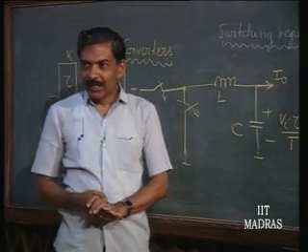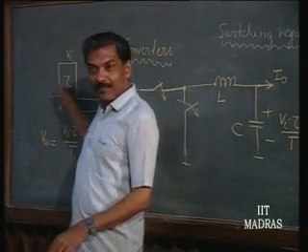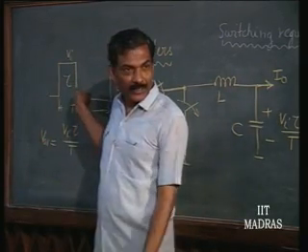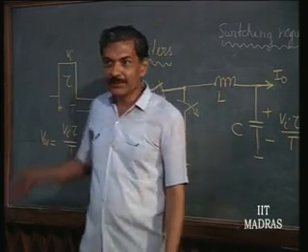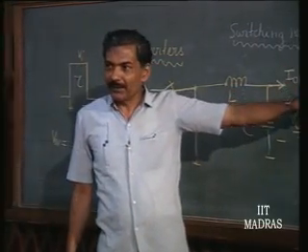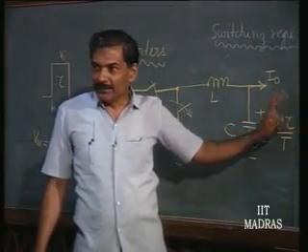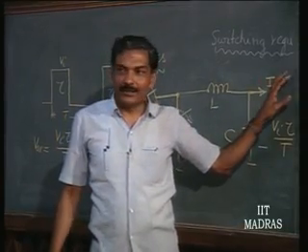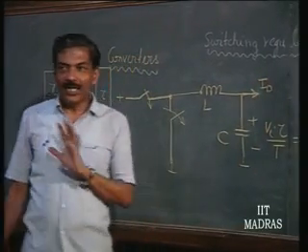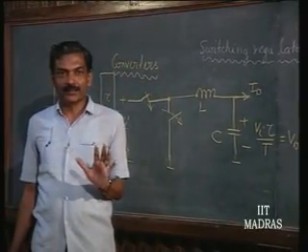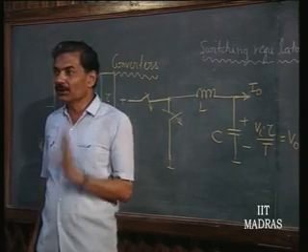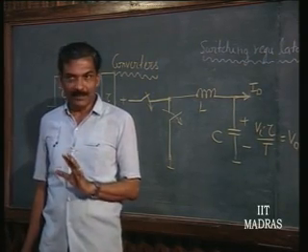Or you can find out the Fourier components of this, and for each component you can find out the output component, since you know the L, C and R components in this. But we are not interested in such a thing. We are interested in designing a good converter, an efficient converter.